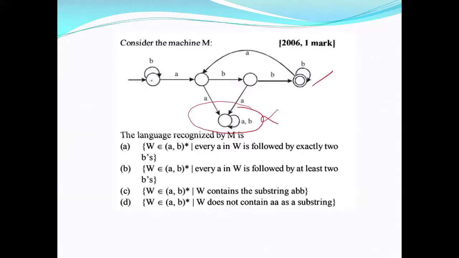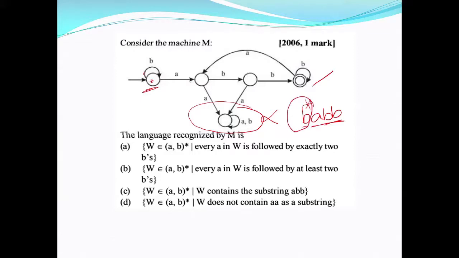And when you start here, any number of b's can be repeated, right? So b star, then a, then b, then b. B star a b b. The b star may be present or need not be present.